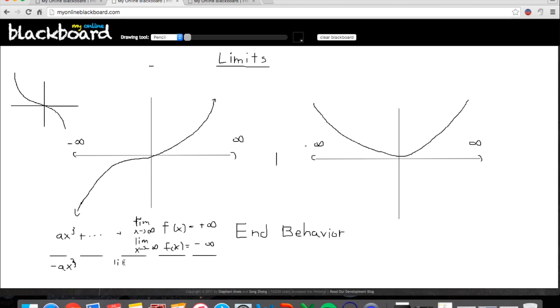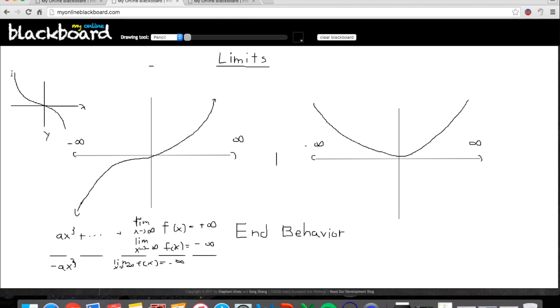The limit of f of x as x approaches positive infinity, like so. Trying to keep all our terminology correct. That's actually now equal to negative infinity. So as you can see on the graph, as I go higher and higher on the x-axis, on the y-axis, I get lower and lower in value towards negative infinity.